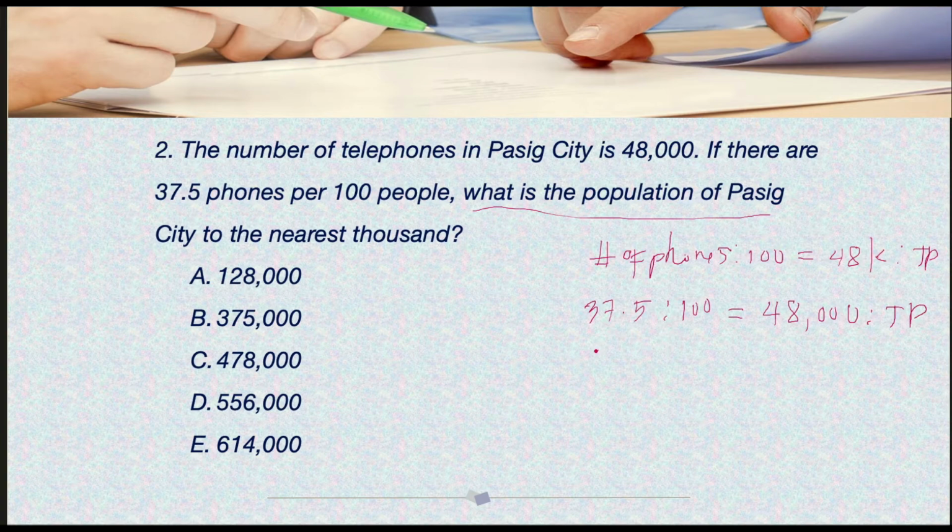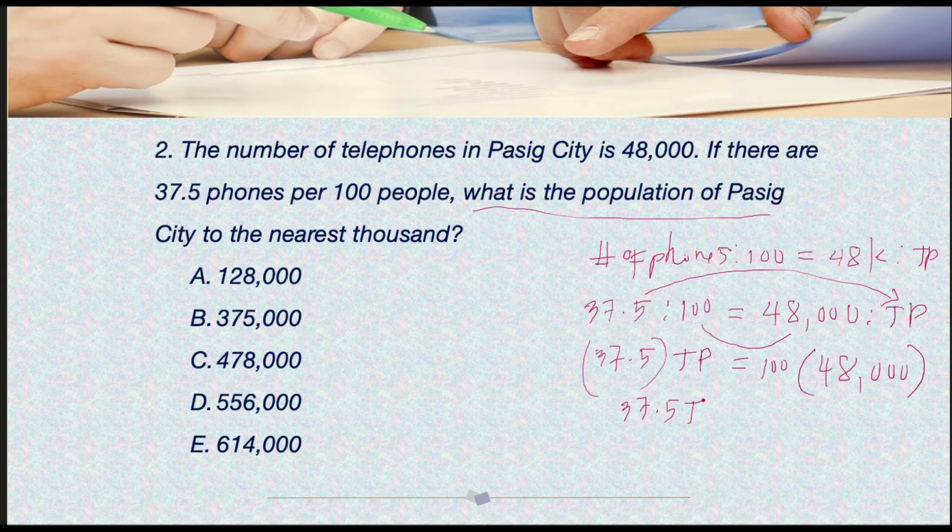So I could rewrite this as 37.5 times the total population is equal to 100 times 48,000, which is 4,800,000.